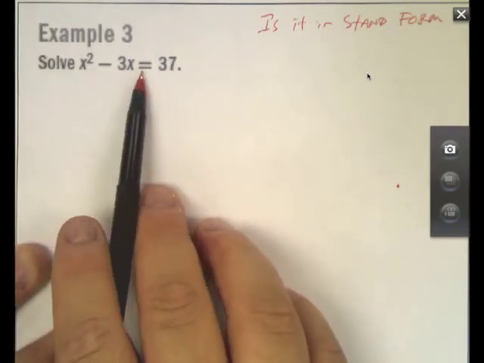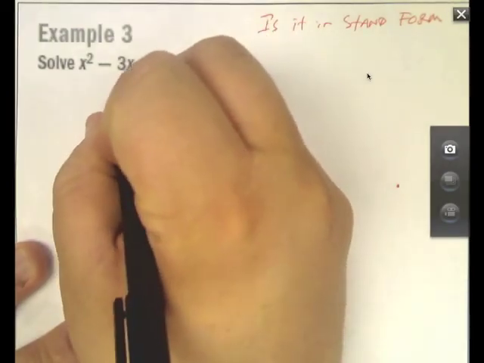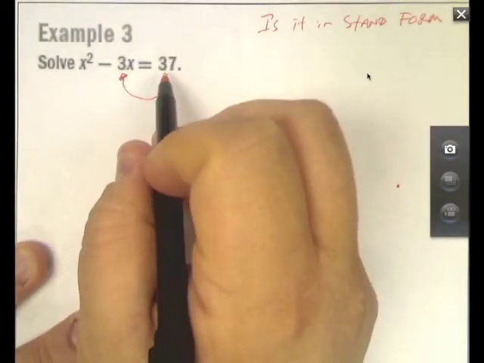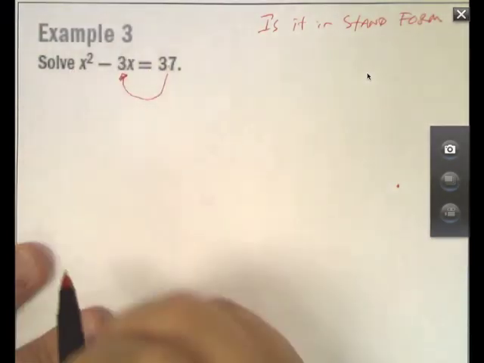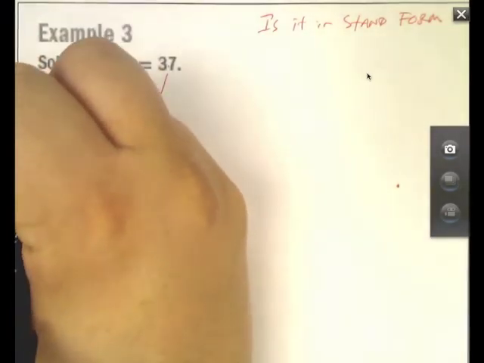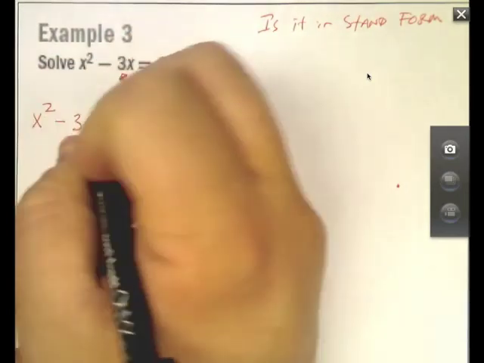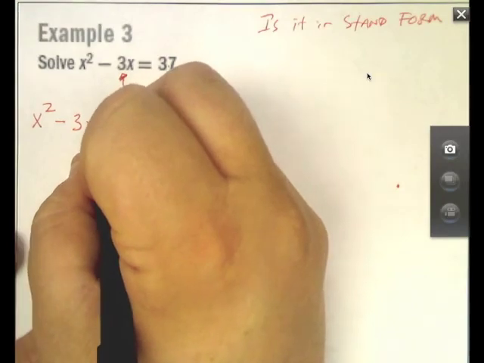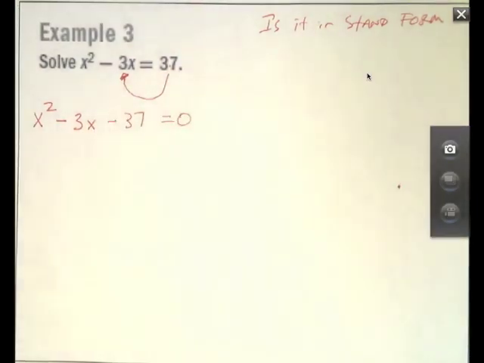No, it actually says equals 37. So I got to get 37 over to the other side, and we can do that by using our inverse operations. The inverse of adding 37 is subtracting 37. So this equation is going to become x squared minus 3x minus 37 is equal to 0.